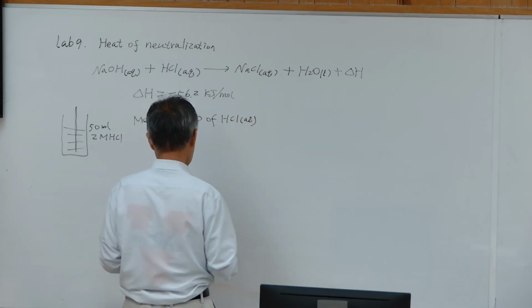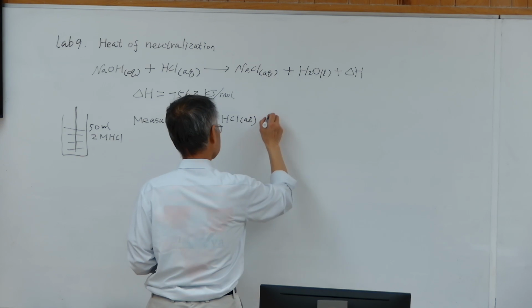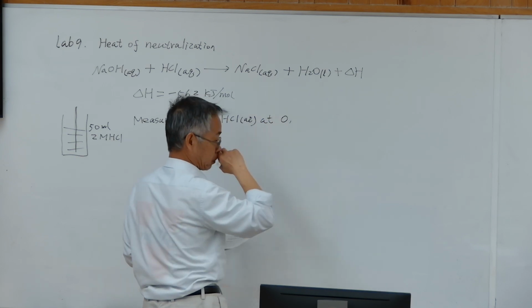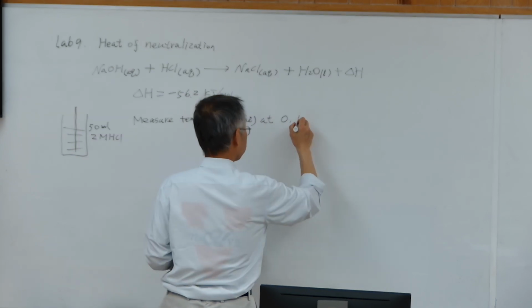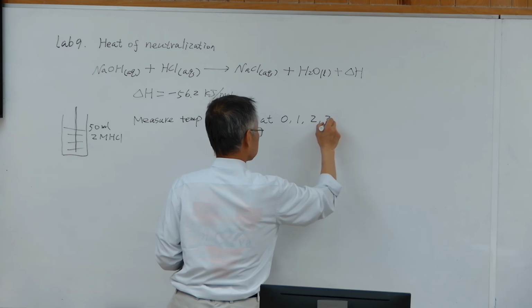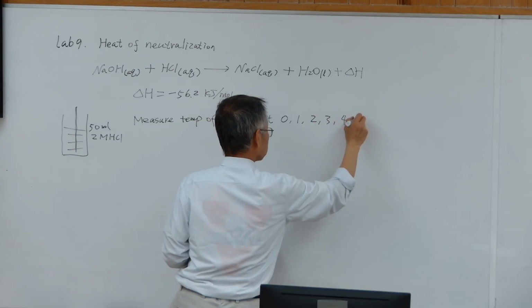Measure the HCl's temperature at 0 minutes, which means at the beginning, then every 1 minute up to 4 minutes.